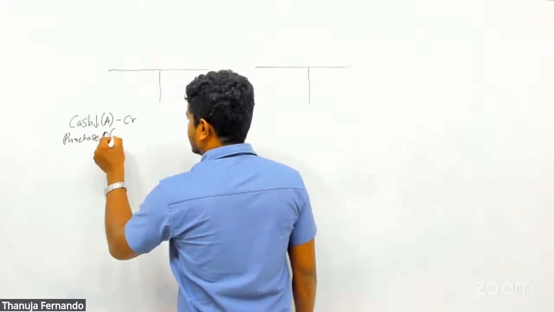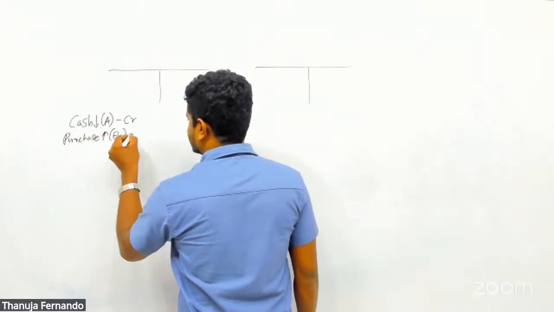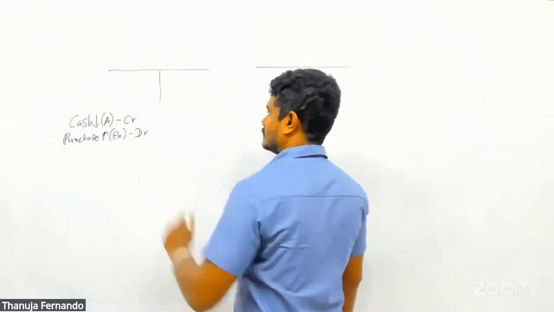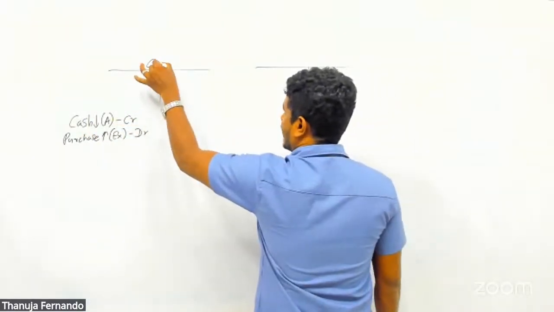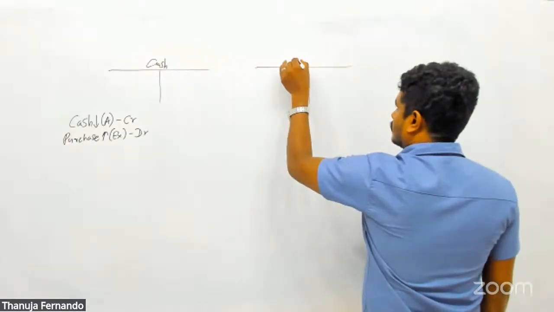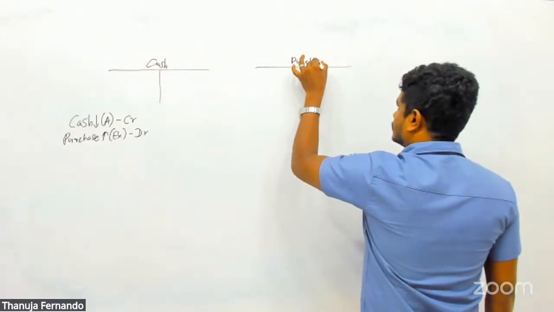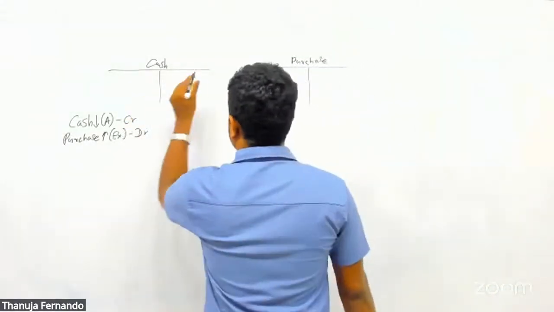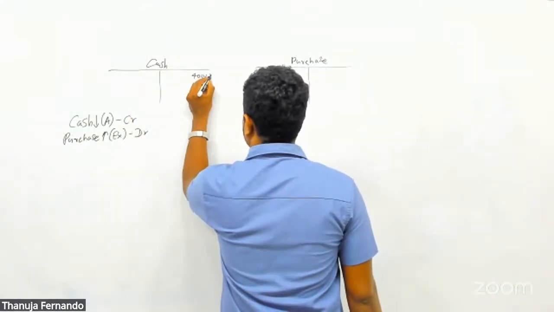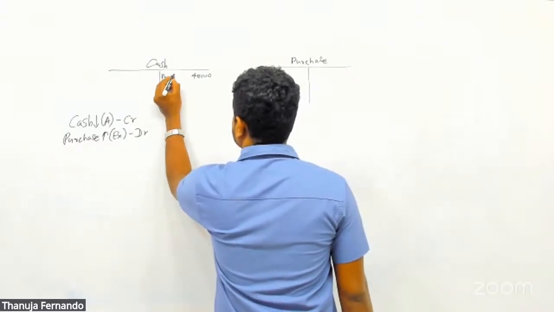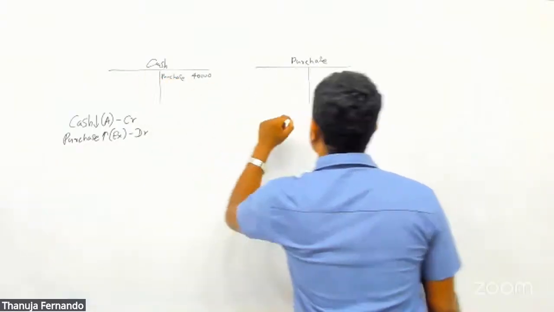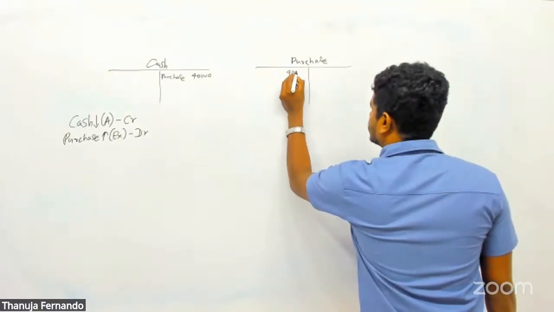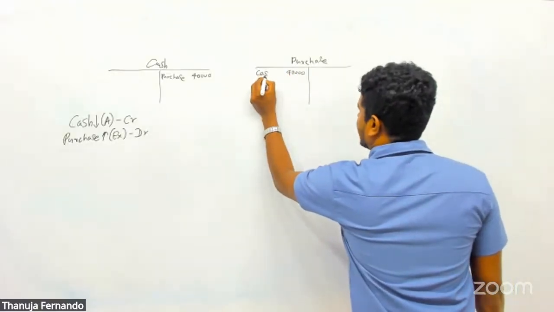Purchase is an expense, that expense increasing, debit. Then we need two accounts, one for cash, one for purchase. Right? Cash account credit, 40,000 as purchase. Then purchase account debit, 40,000 as cash. This is the first one.